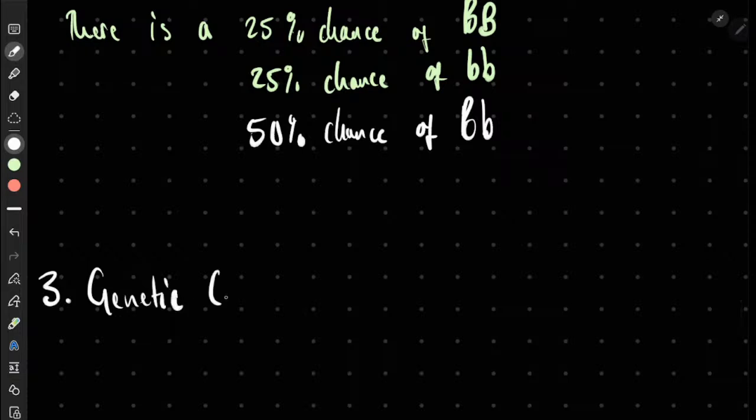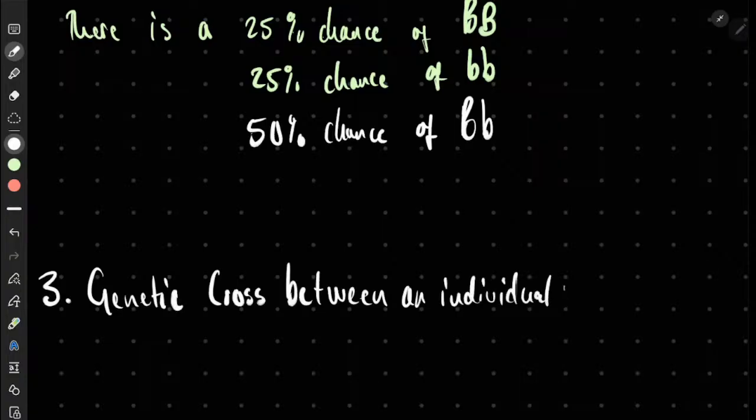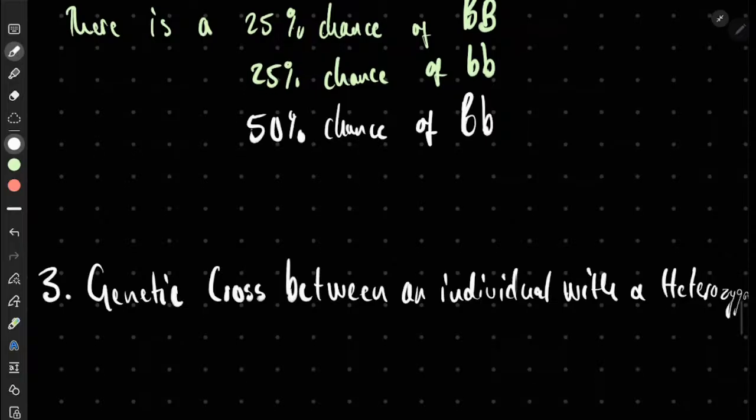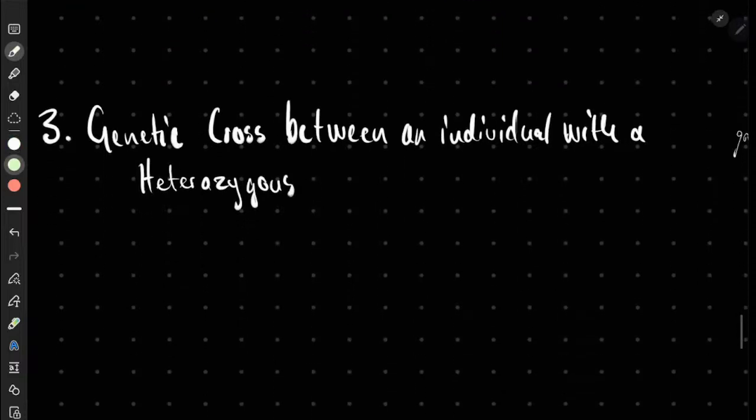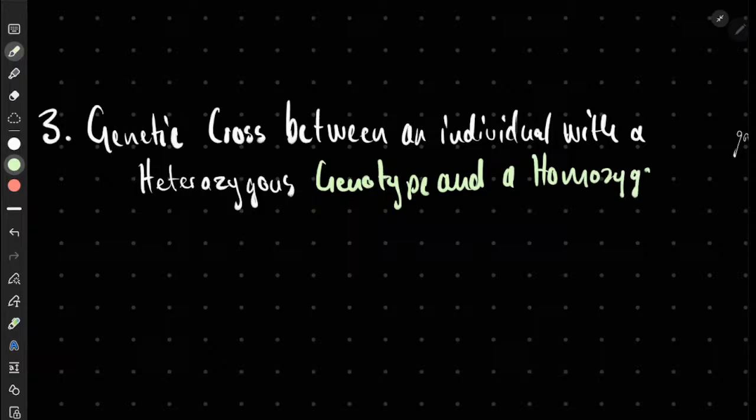Say genetic cross between an individual with a heterozygous genotype and a homozygous recessive genotype.